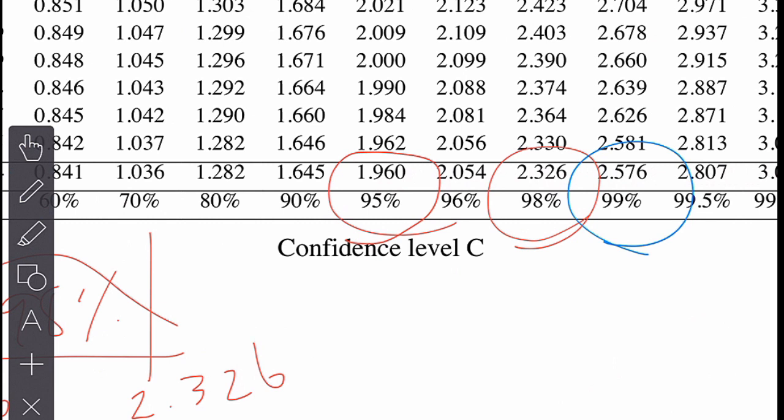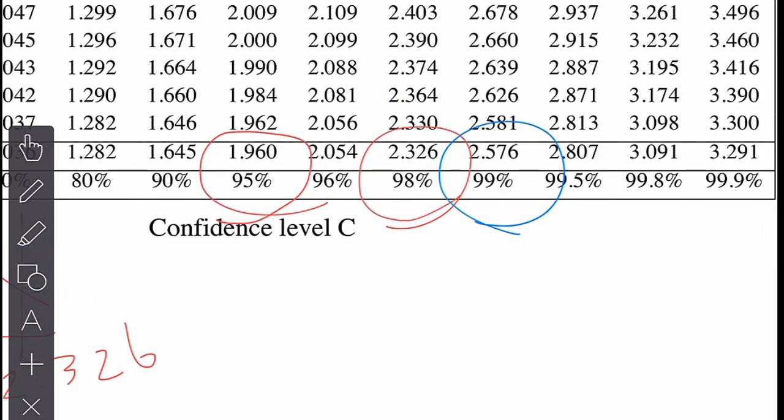So this is like 2.5 standard deviations from the mean. 99.7 is not on here, but this is 3 standard deviations from the mean. Right? So Z star is higher, the confidence level is higher.